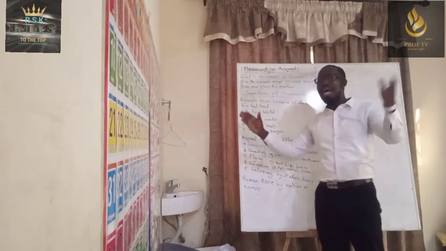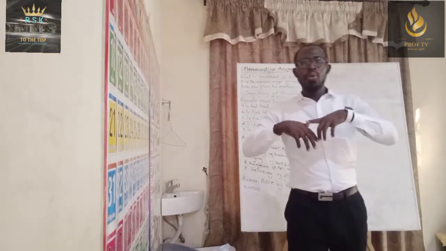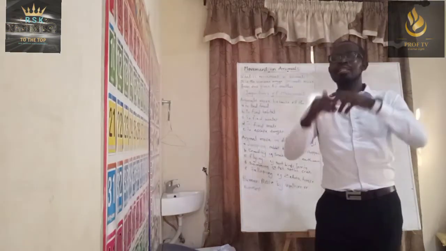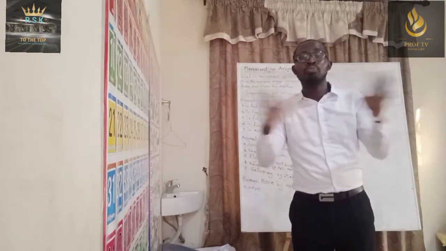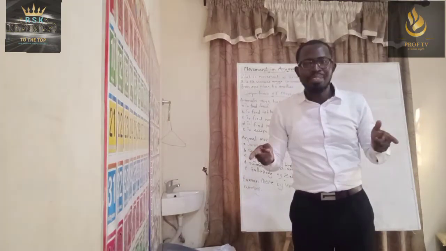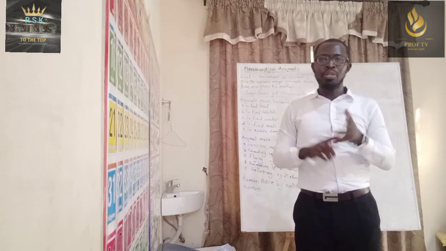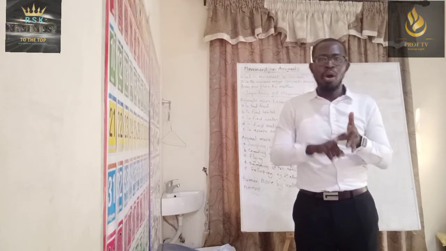Then we look at flying. This is common. We see these animals most often. Birds that can fly. Examples: the dove, the eagle, the hawk.